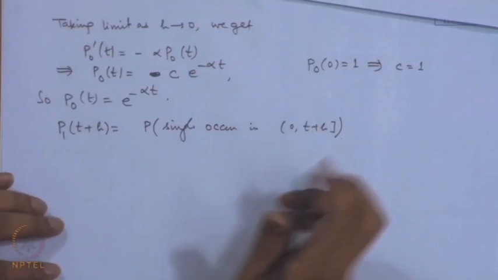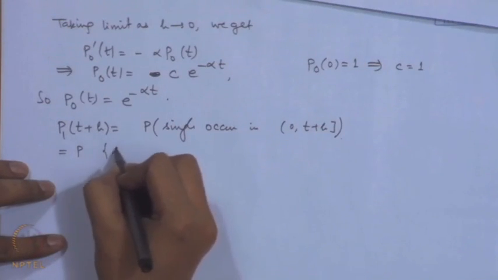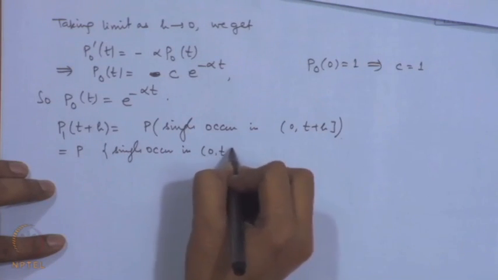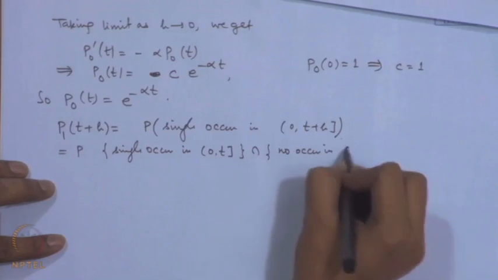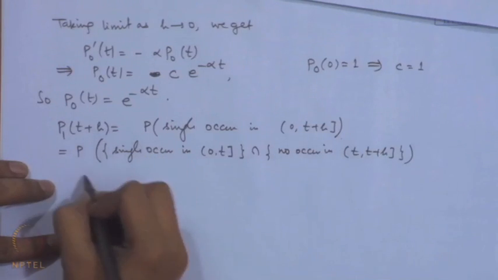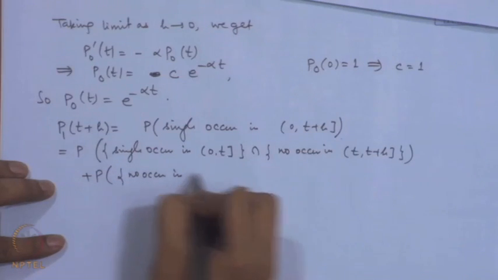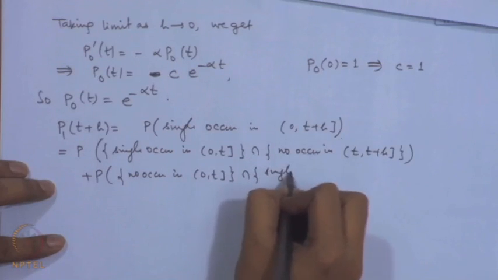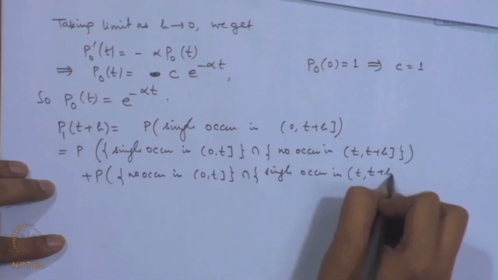So, we can split this event as probability of single occurrence in 0 to t and no occurrence in t to t+h, plus probability of no occurrence in 0 to t and single occurrence in t to t+h.